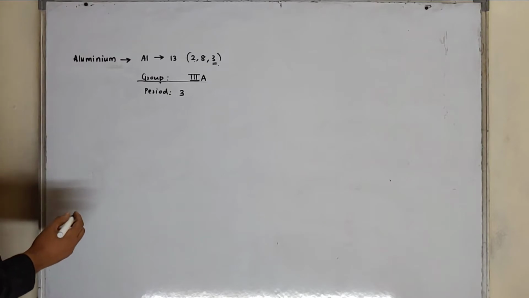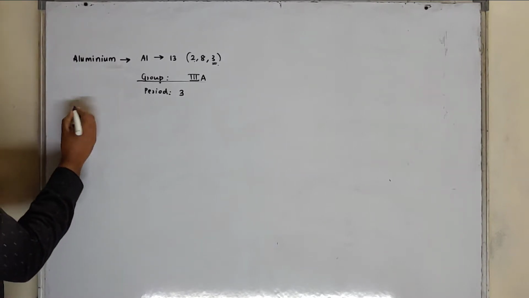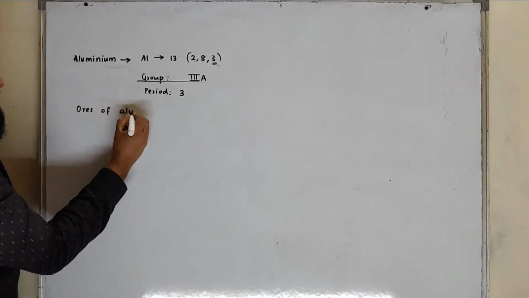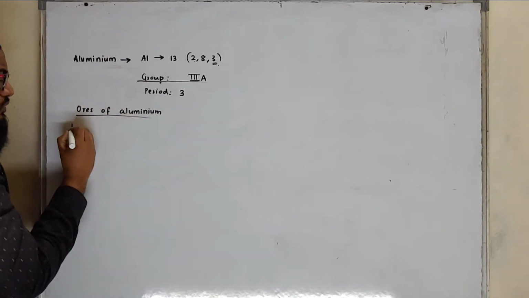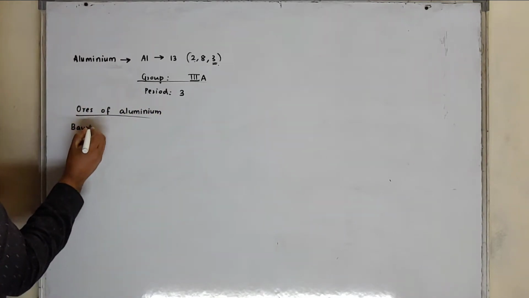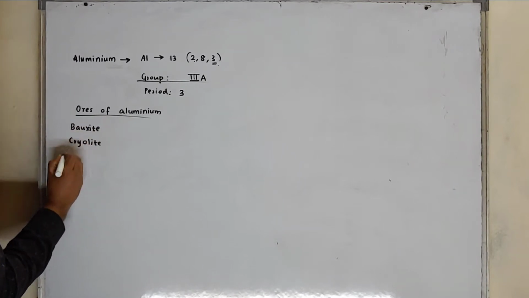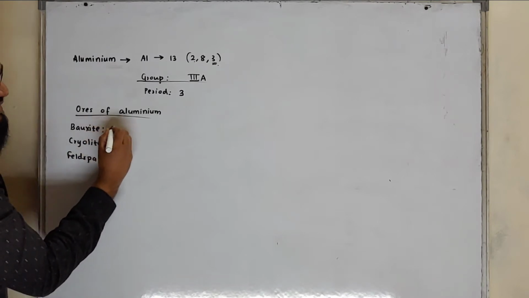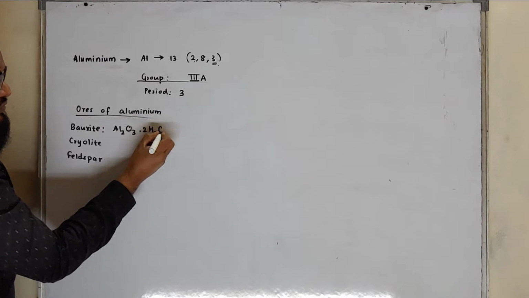Then, for the process of extraction of aluminium, what are the ores of aluminium? Ores of aluminium are bauxite, cryolite and feldspar. What is bauxite? Al2O3·2H2O.